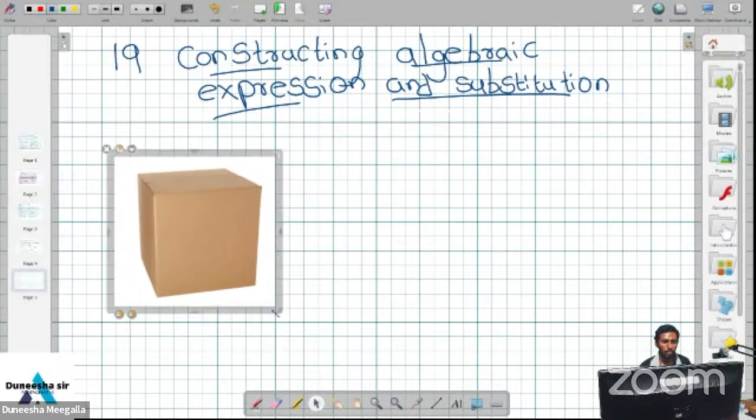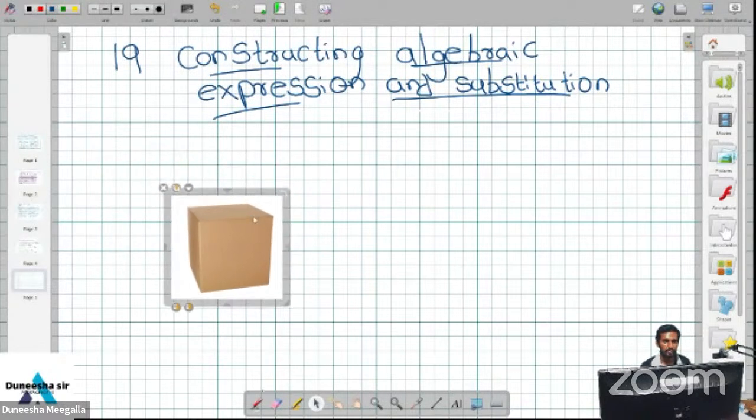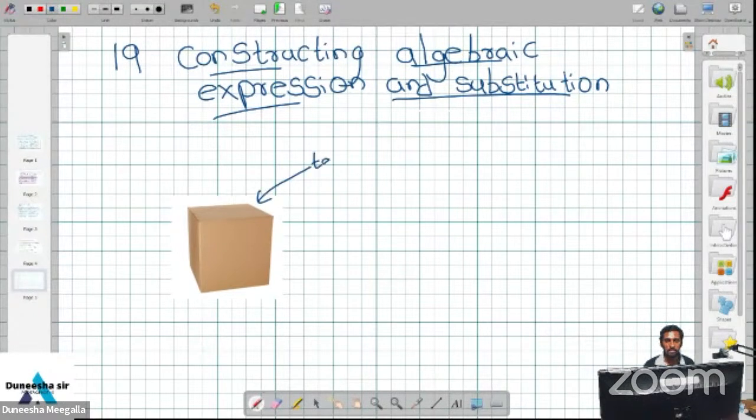Can you see this box? Yes, sir. Okay. This box included tennis balls. Do you know tennis balls? Yes, sir. Okay.